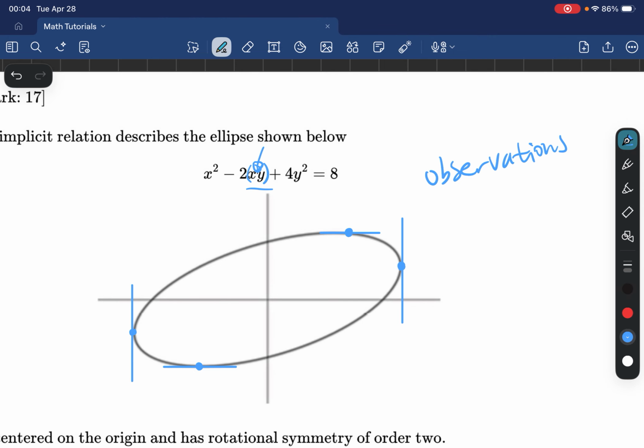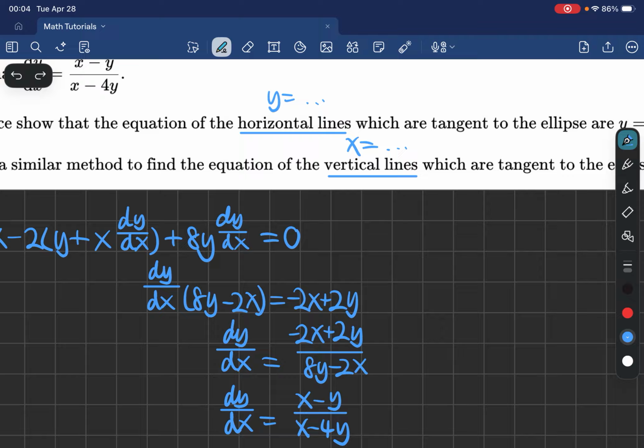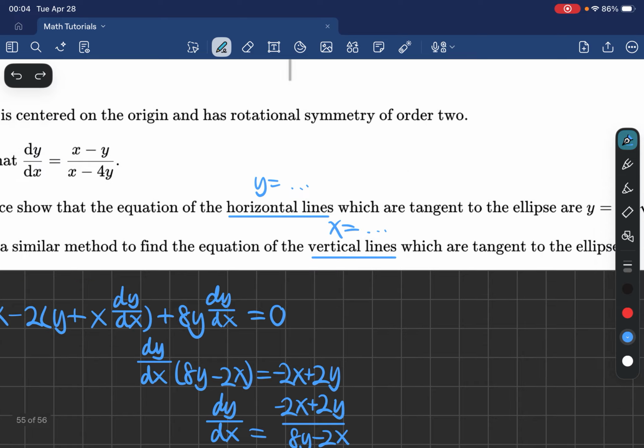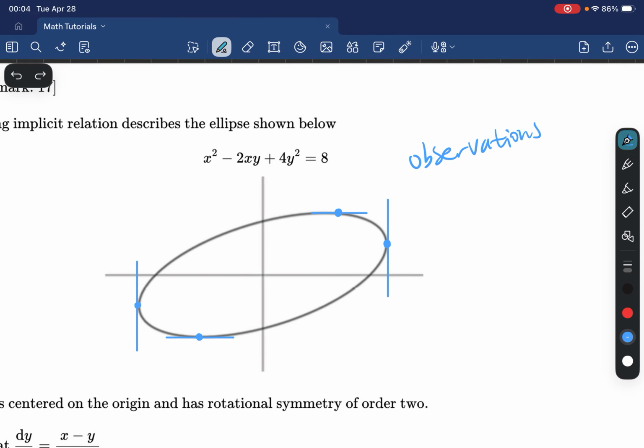Now it's product rule, right? So I differentiated x first, so we have y left, and then differentiated y next. Now we have to differentiate this. It's product rule, right? Because we have y to the 2, while y is a function of x.